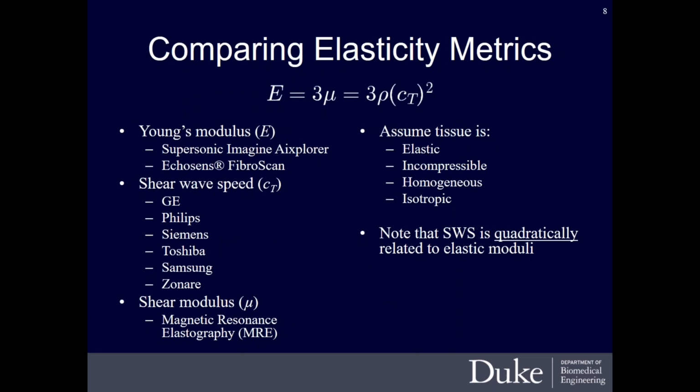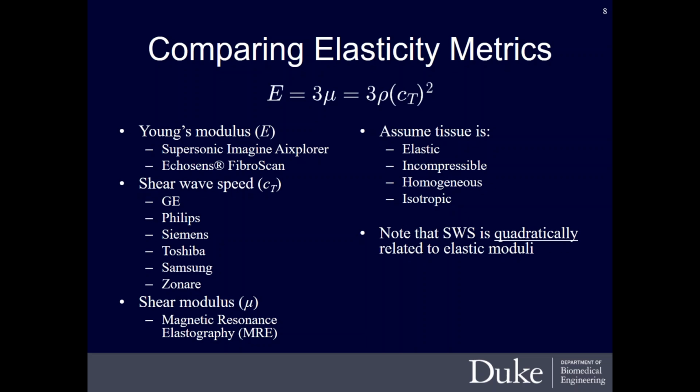So I dedicated an entire slide here to how we compare elasticity metrics, because they're reported in different ways in the literature, even though all are usually making the same assumptions for reconstructing these properties. The typical assumptions applied to soft tissue are that the tissue is elastic, and we'll go into more detail in a little bit as to what constitutes an elastic response.